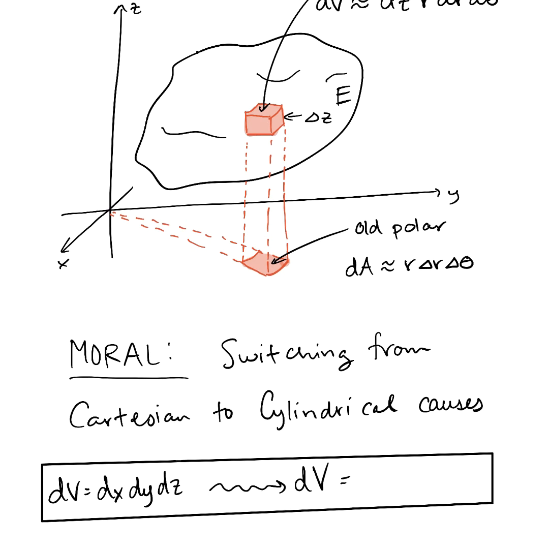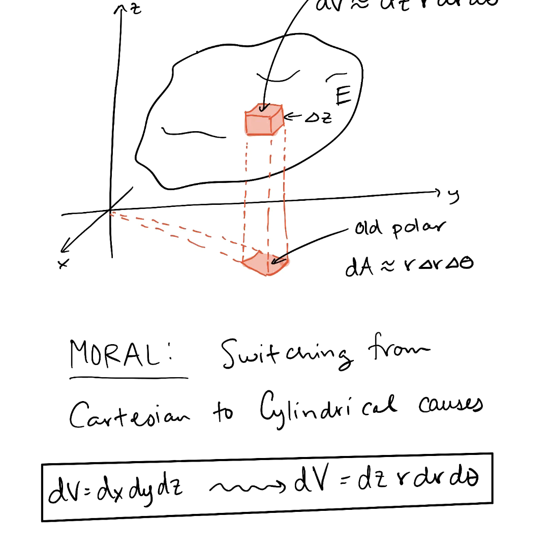Here, if you wish to switch and trade x and y in for the old polar version of x and y and then keep the z, then you get dz r dr d theta. So that's the moral. When you're switching into cylindrical coordinates, all you pick up is that little extra r, again, just like you did in double integrals when you switched into polar.